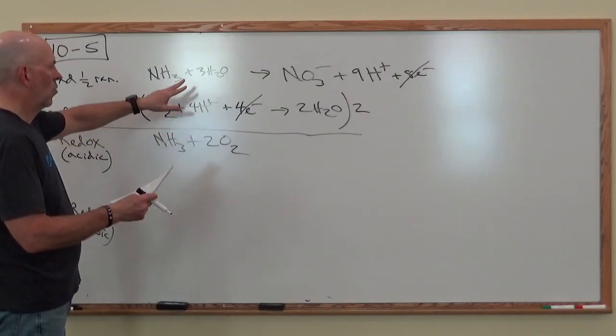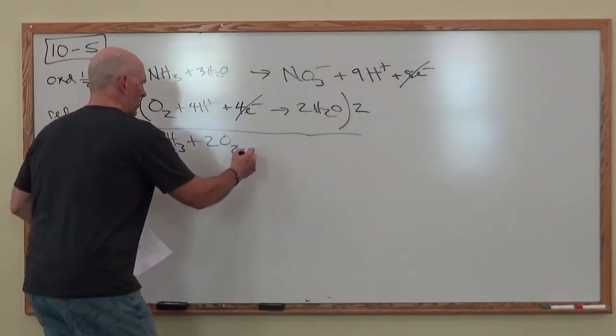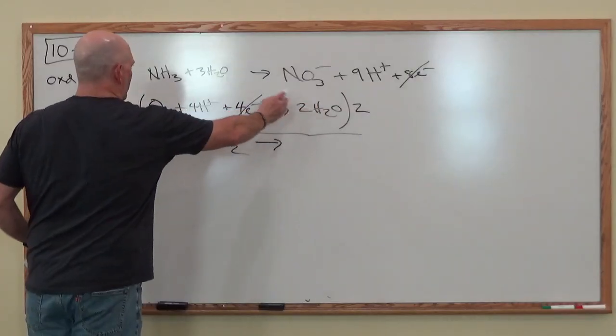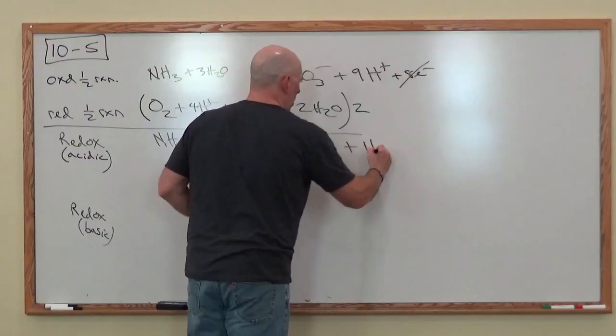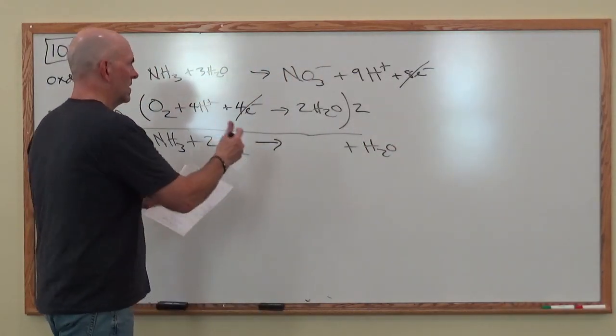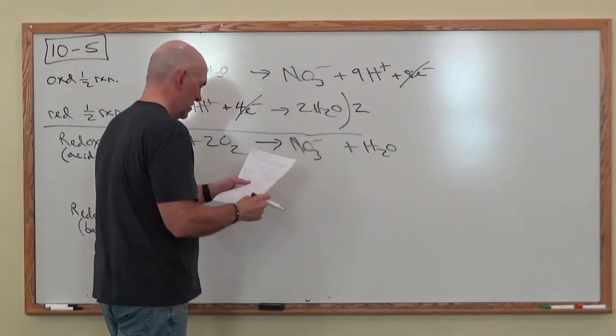Okay. Waters. I think that's it over here. Because we're going to have 4 waters on this side and 3 waters here. So we're going to get more water there. It doesn't matter what we're going to put things in, by the way. Then nitrates.